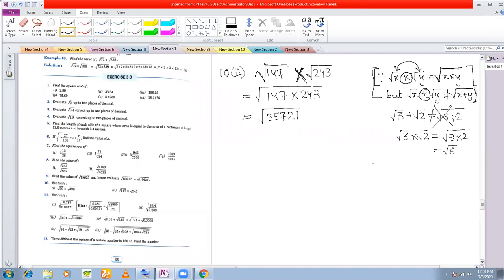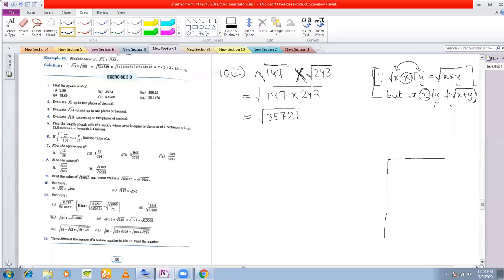So again, we'll find out the square root by division method. 3, 5, 7, 2, 1. And then this decimal. Start pairing these numbers.